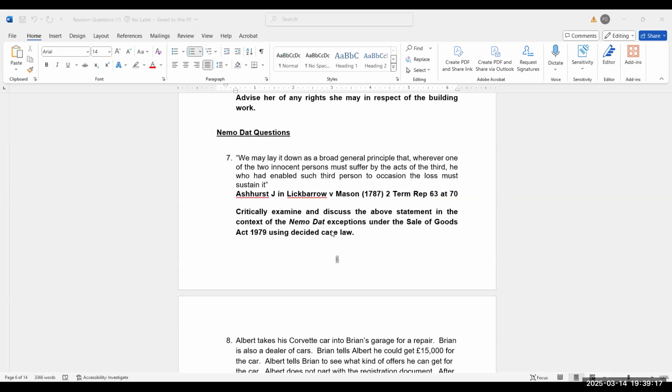The court had to decide which of the two parties should suffer for the fraud of that rogue.